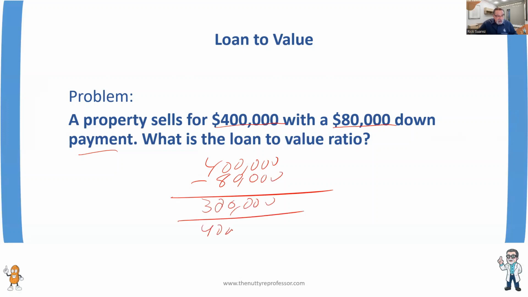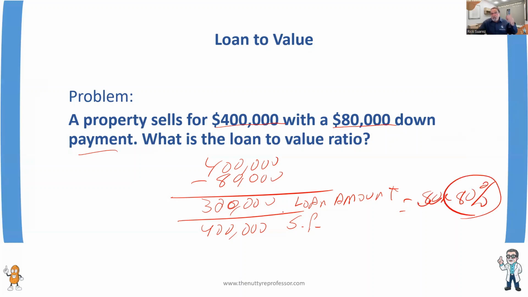And then you divide that by the 400,000, which is the sales price, and this is the loan amount, right? Not that hard. So all you got to do is divide. 320 divided by 400,000. Boom, it is 0.8 or 80% when you move the decimal to turn it into a percentage. That's it. Not going to get harder than that.